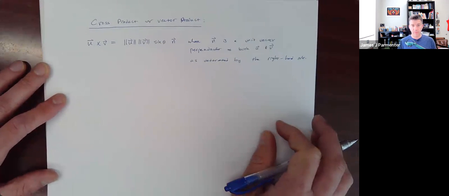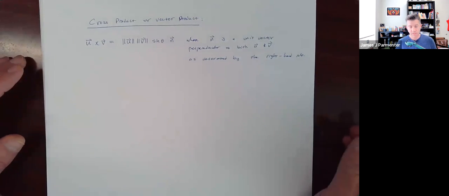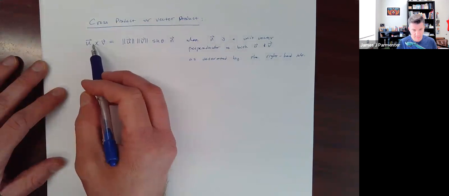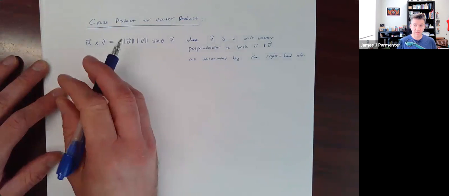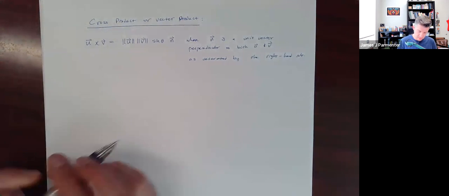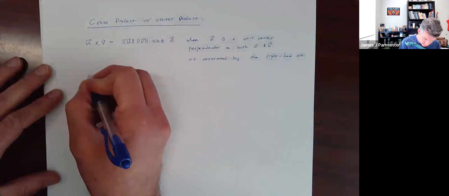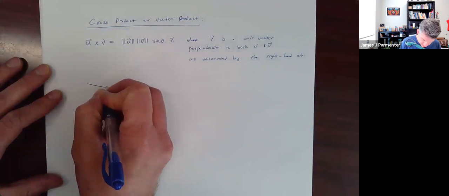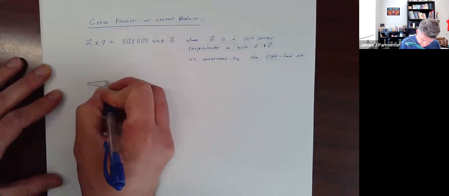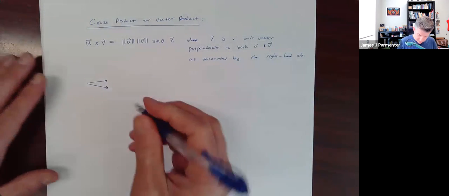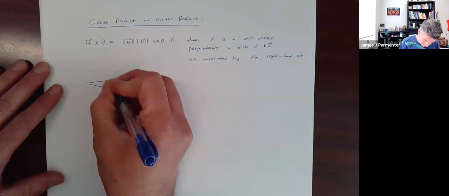So when we say the right-hand rule, what we mean is when you're crossing 2 vectors here, u cross v, the result will point in, well, let me just draw a picture. So if u is going, say, in this direction, and v is going this direction, let's say they sit in the xy plane. So here's u, here's v.